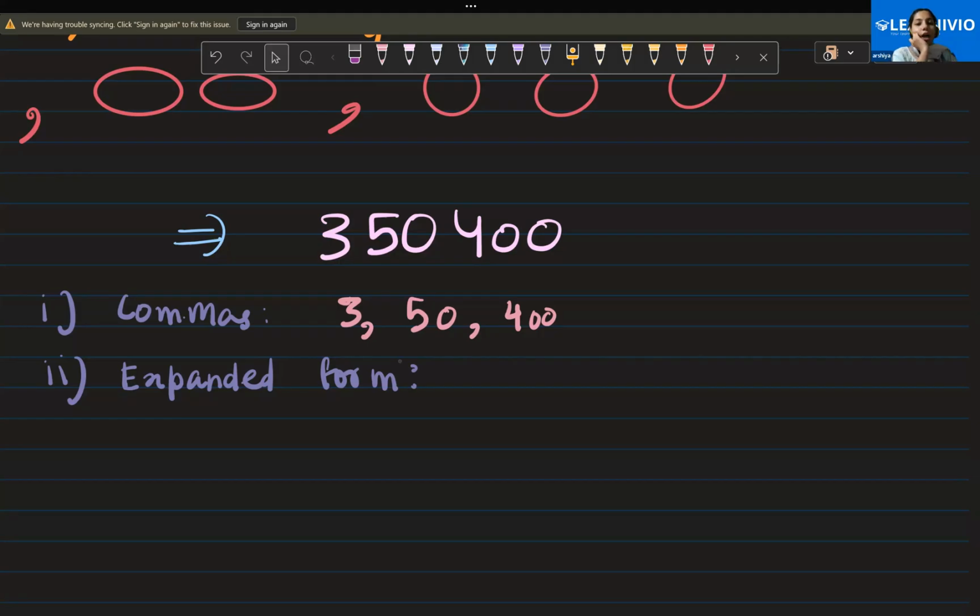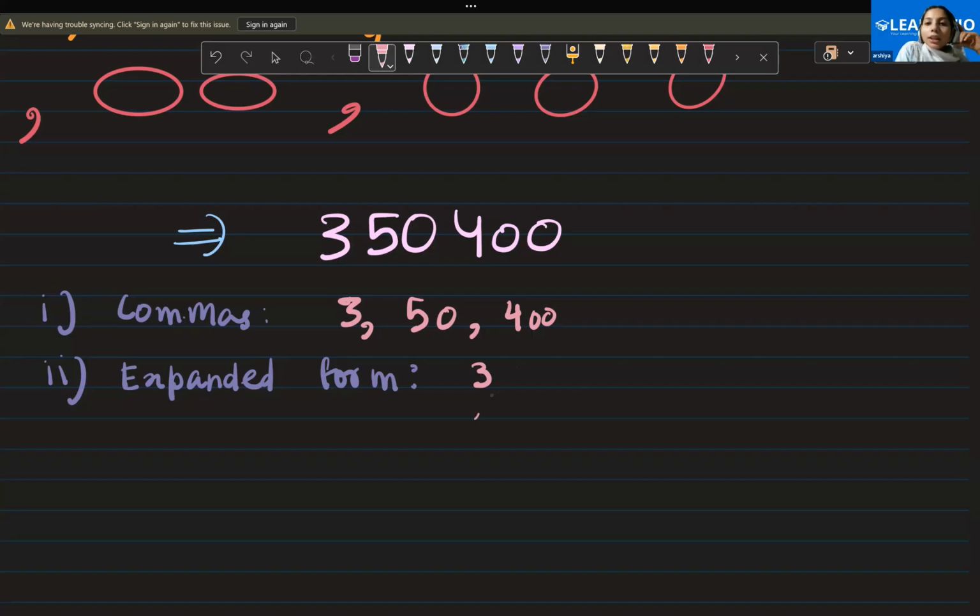All right. Now let's write this in expanded form. So, how will I write this in expanded form? First, 3 lakh, plus 50,000, plus 4,000.